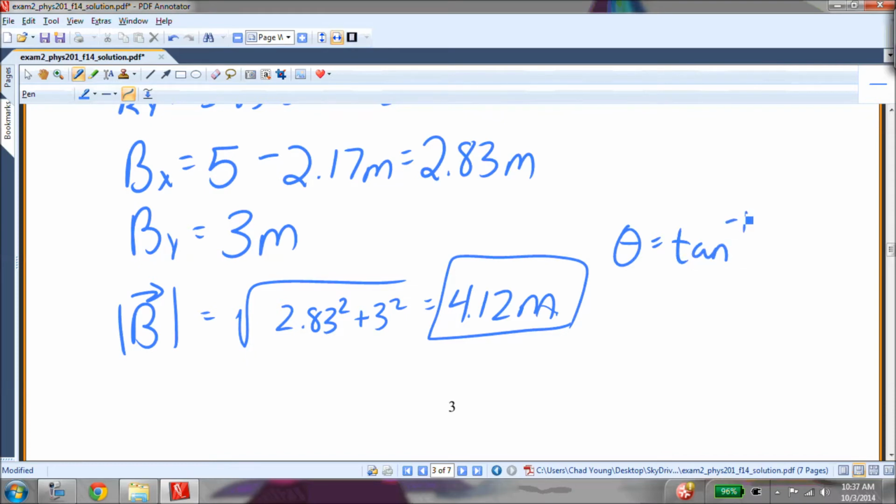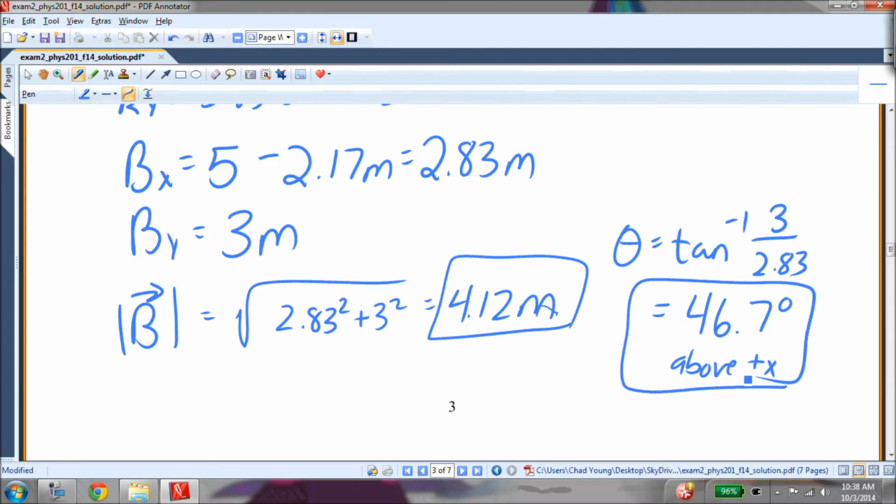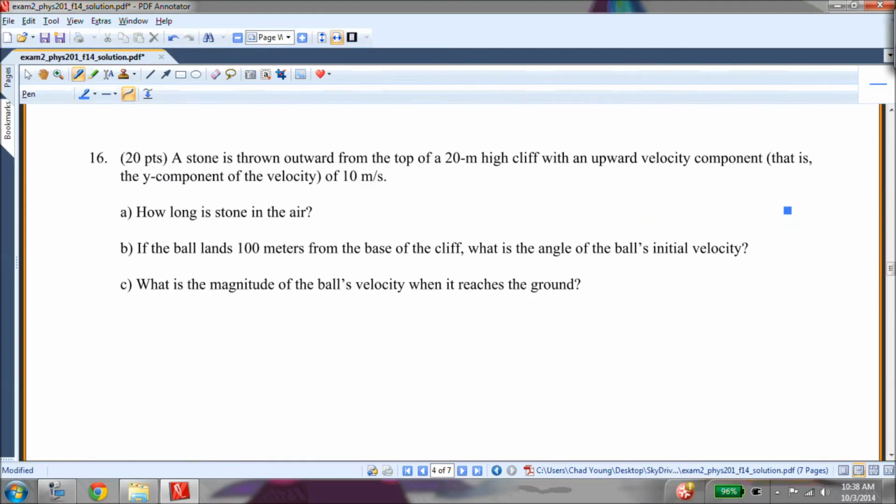Let's see, the y was what, 3? Yeah, 3 over 2.83. I get 46.7 degrees above the x-axis. That's the answer.